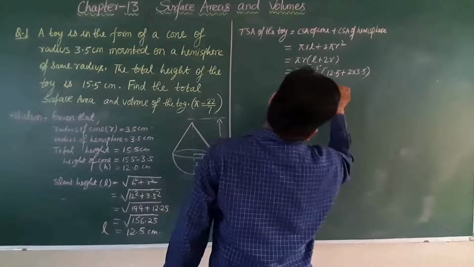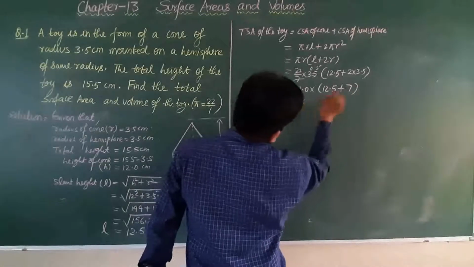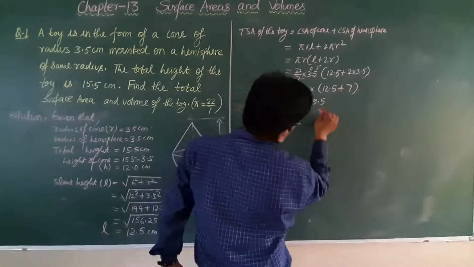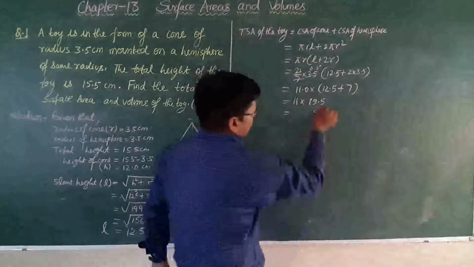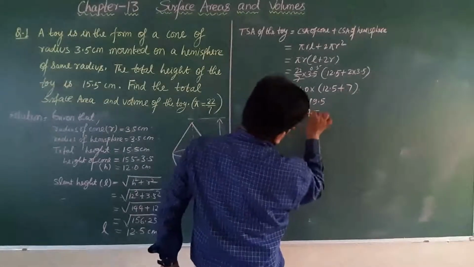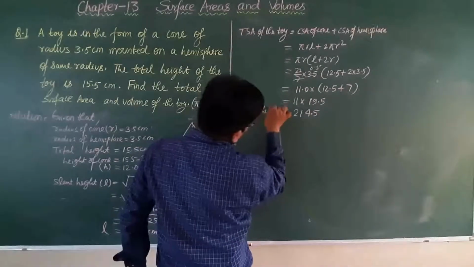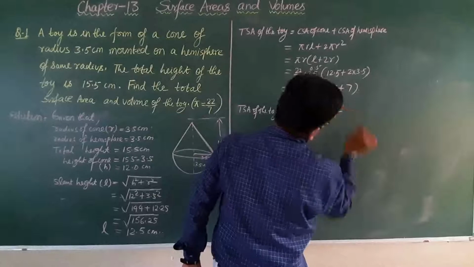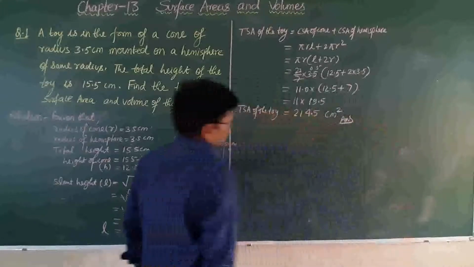And this is 12.5 plus 7, so 11 into 19.5. So the TSA of the toy is equal to 214.5 centimeter square. Okay students, this is the answer for the TSA.